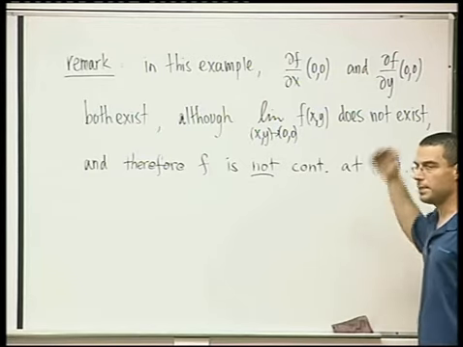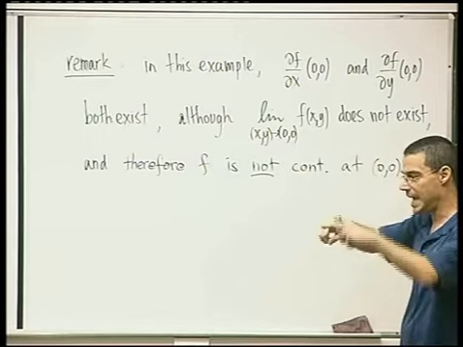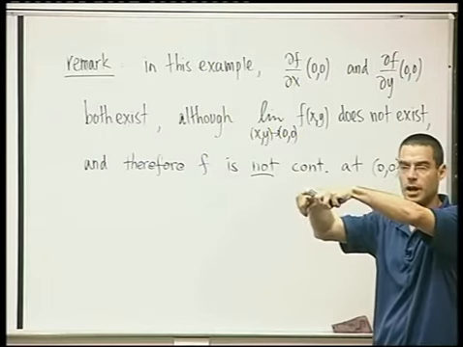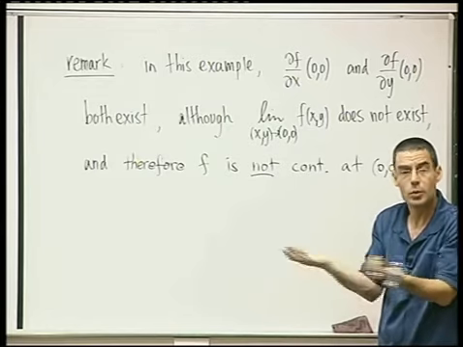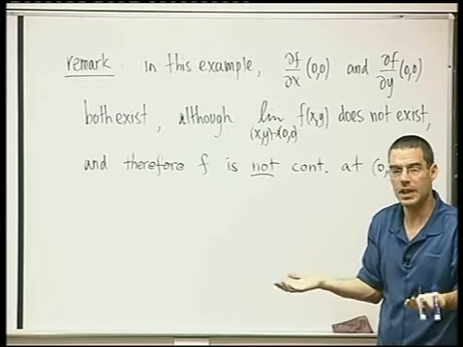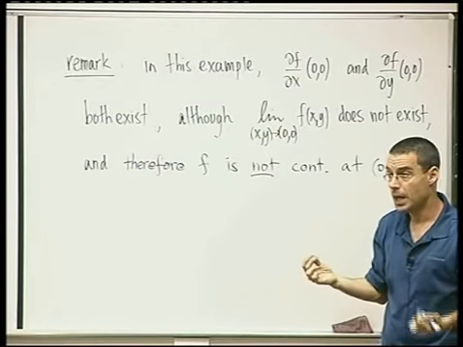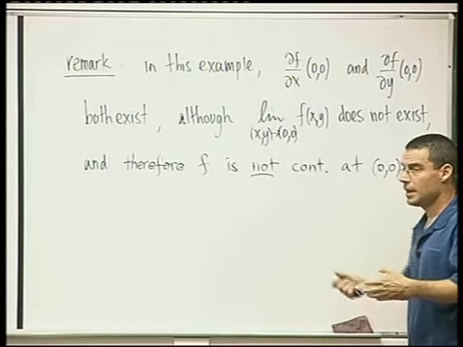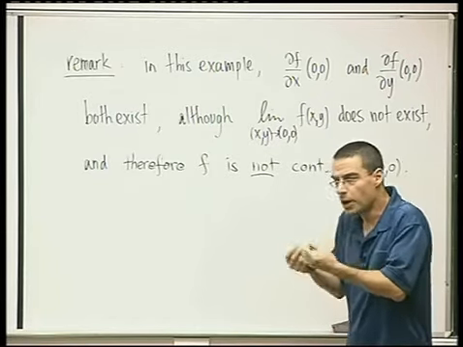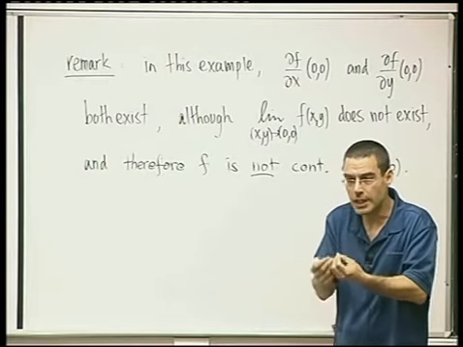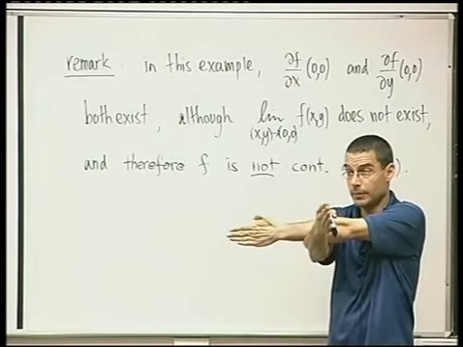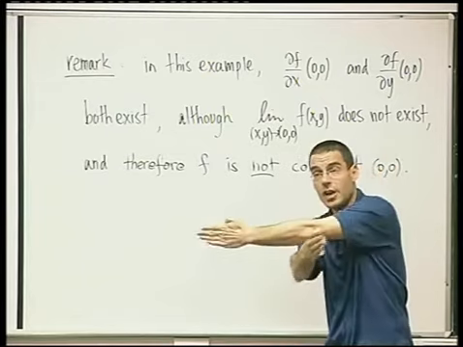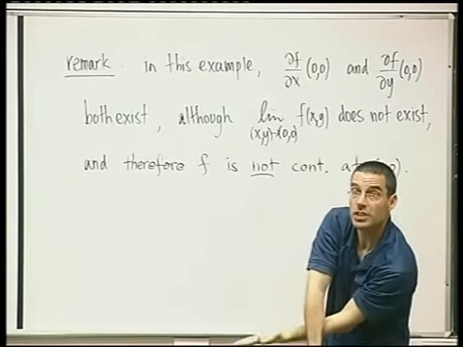Now, how could that be? How could it be that it has derivatives, that plus is sitting up there very nicely, and still something goes wrong? It doesn't even have a limit. The reason is that these partial derivatives only look at what happens along one straight line and another straight line, the x direction and the y direction. Only these two lines.